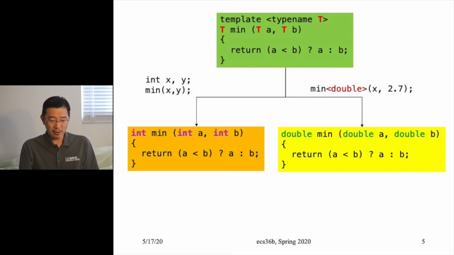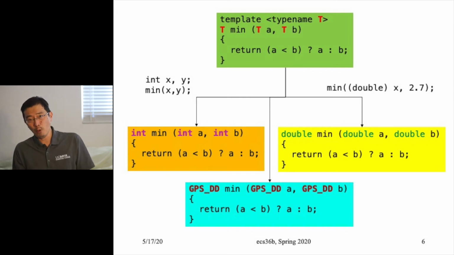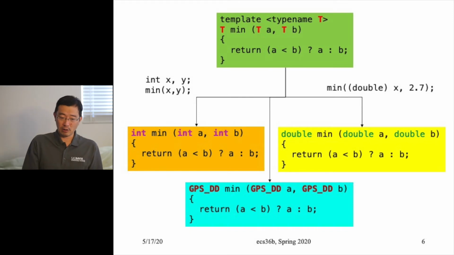Okay, and similarly, as I mentioned, it doesn't have to be the basic type. It could be an object. For example, I want to find out which GPS is actually smaller. This is related to homework assignment number 2. So I can call this function this way.